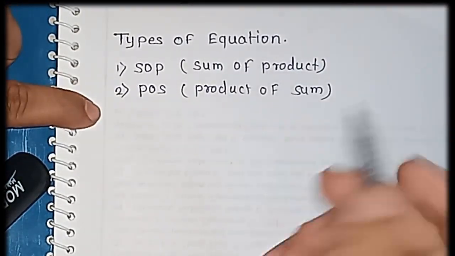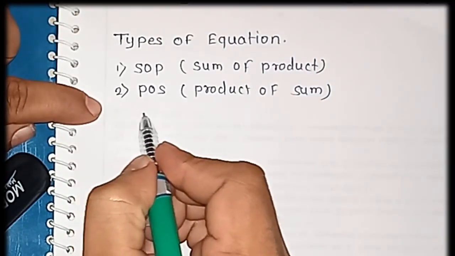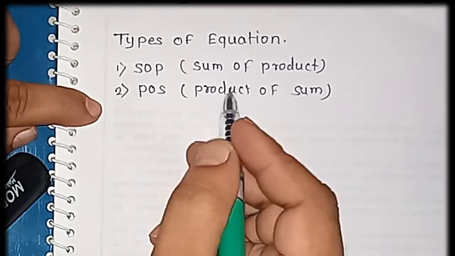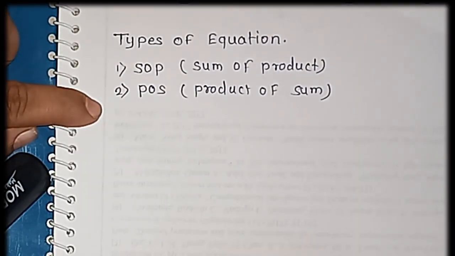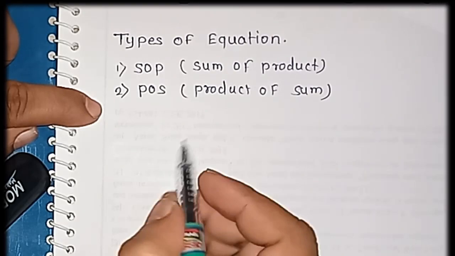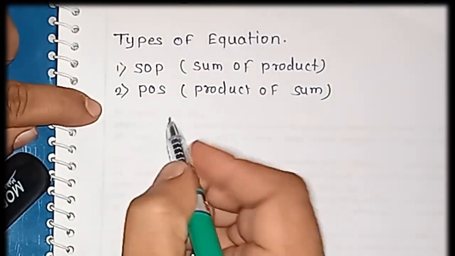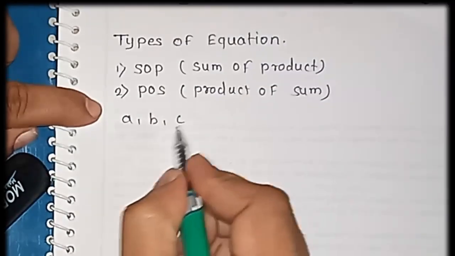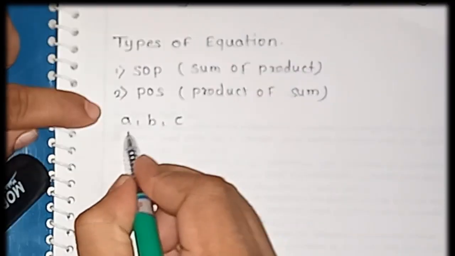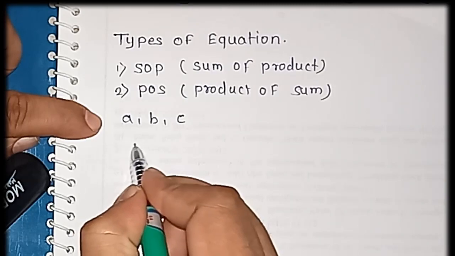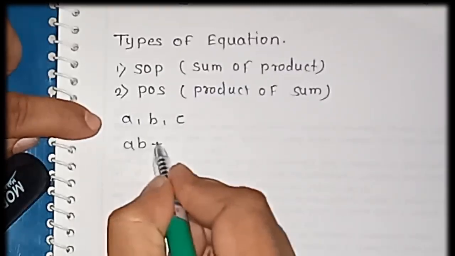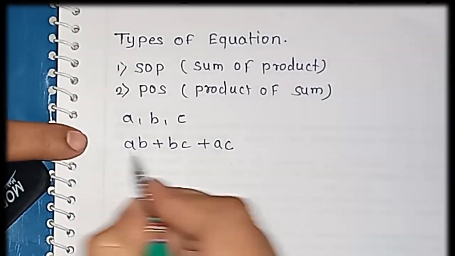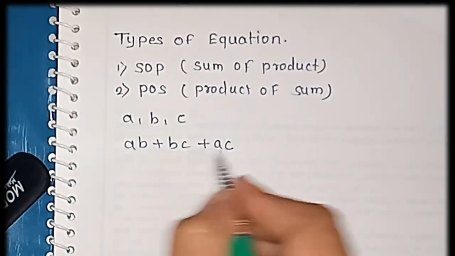As we know, in the last lecture we have seen that any boolean expression or logical expression can consist of different variables and operators. Suppose we take the variables a, b and c, and if we write the logical expression, for example, it is ab plus bc plus ac. So this is one example of a boolean expression.